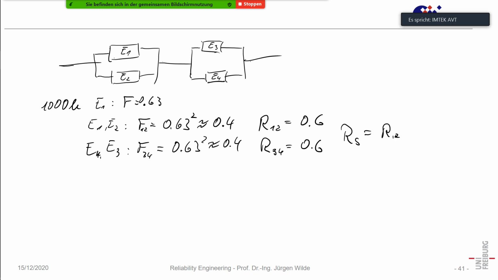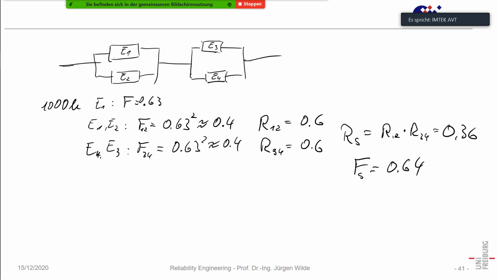R12 times R34, and that is 0.36, and the failure probability is here 0.64. In the end, what have we seen?